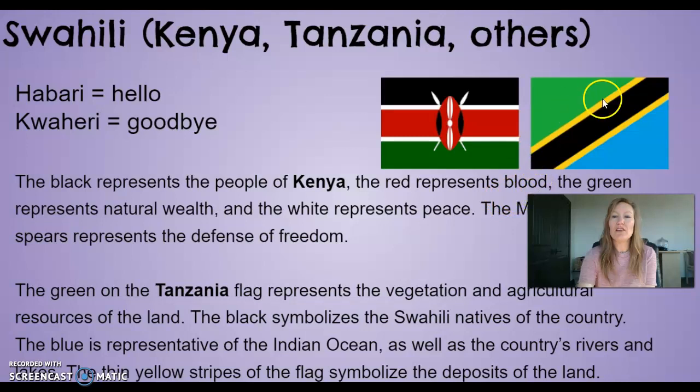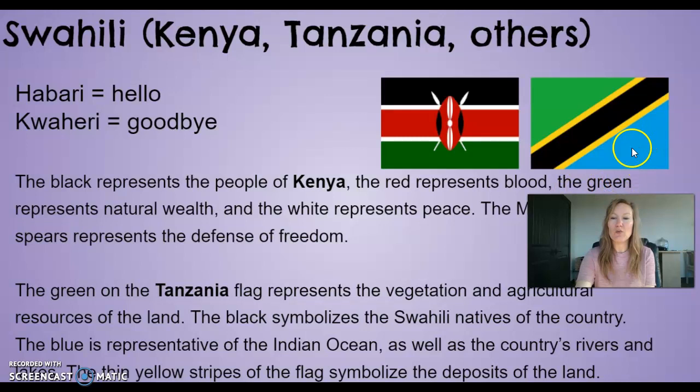And then I want you to look over here at the Tanzanian flag. This is kind of the first time that we see a little bit more of a unique style flag with that diagonal slash through the middle. So it's kind of cool, kind of a totally different look. So the green up here on the top represents their vegetation and the agricultural resources of their land. The black through the middle represents the Swahili natives of the country. The Swahili people were the original tribe in that area, so that's where the name of the language comes from.